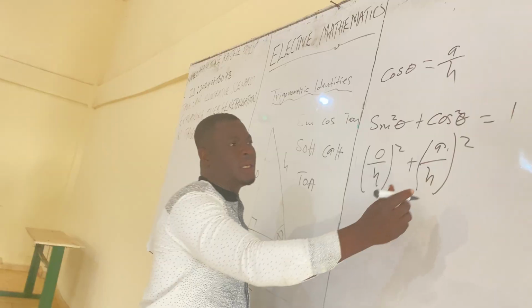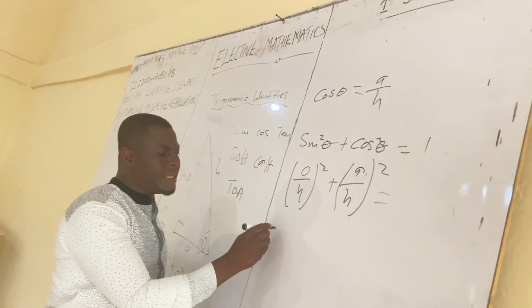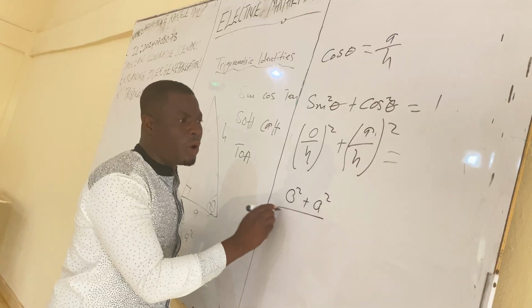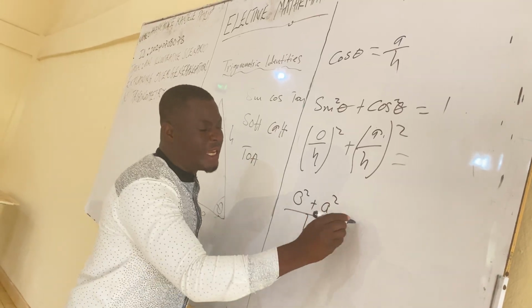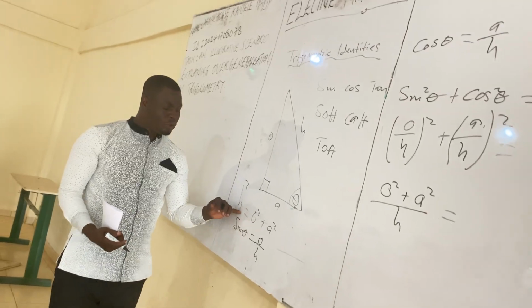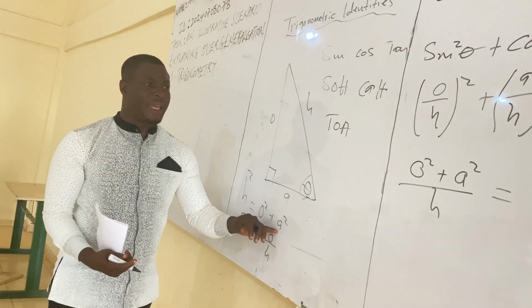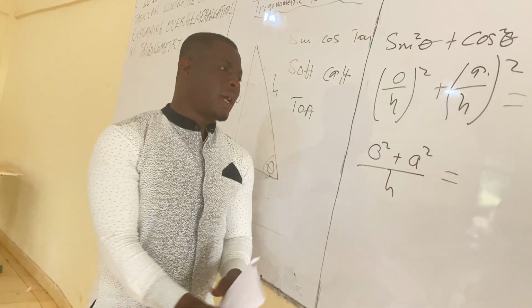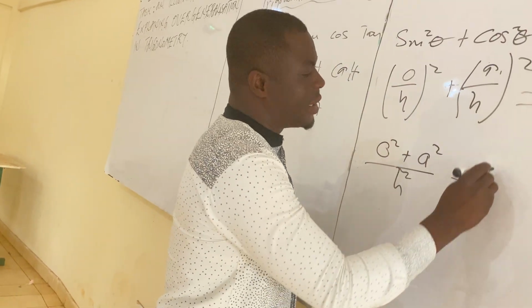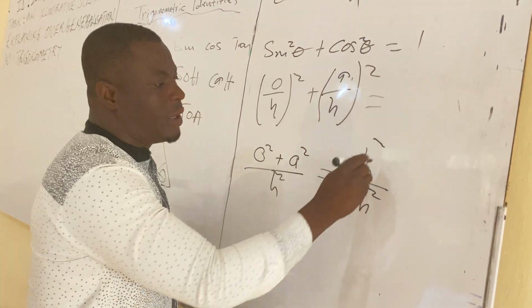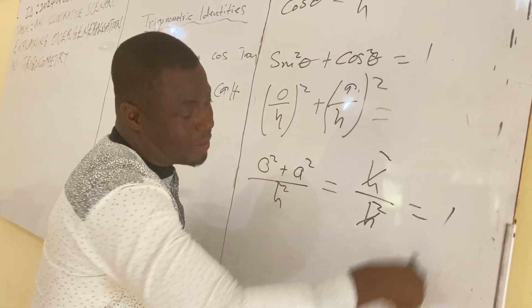With this, we will get O squared plus A squared all over H squared. Now we have O squared here, A squared here, so here will be H squared all over H squared, which we will get 1.